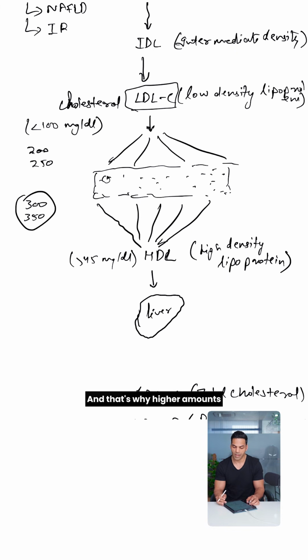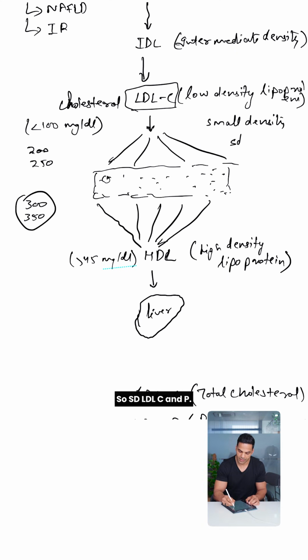And that's why higher amounts of LDL particles, or there's something called small dense LDL particles, right? So sdLDL, C and P, right? So even they are there. So all of these things can oxidize in your blood vessels and can result in high cardiovascular risk.